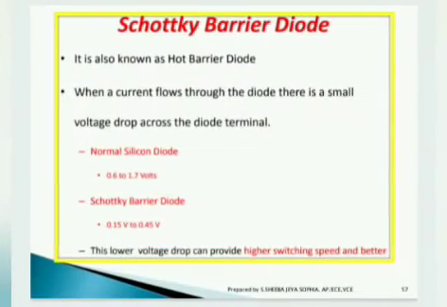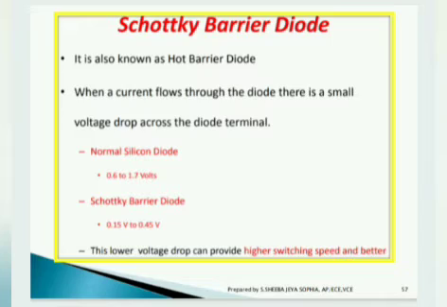Moving to the next topic, Schottky barrier diode. This Schottky barrier diode is also known as hot barrier diode. That is, when a current flows through the diode, there is a small voltage drop across the diode terminals.